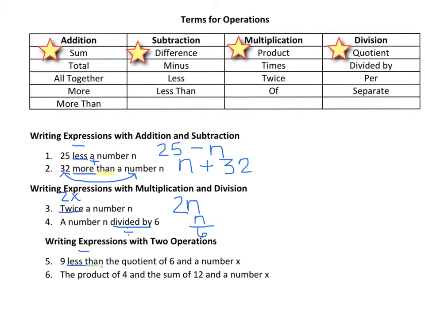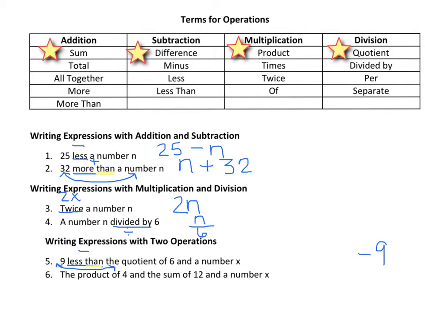And when we see the magic word then, we know that everything before the words less than is going to come after the subtraction, and everything after the words less than is going to come before the subtraction. So we know I can start over here that my problem's going to end with minus 9, because that has to come after the subtraction.